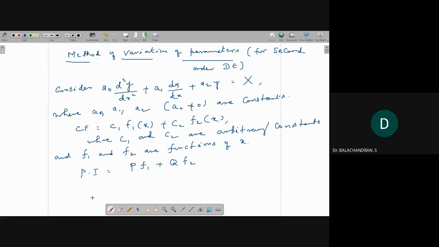So what is capital P? What is capital Q? Where capital P equal to minus integral F2 into capital X divided by the Wronskian of F1 comma F2. Usually we will say it like this, W of F1 comma F2, which means Wronskian.